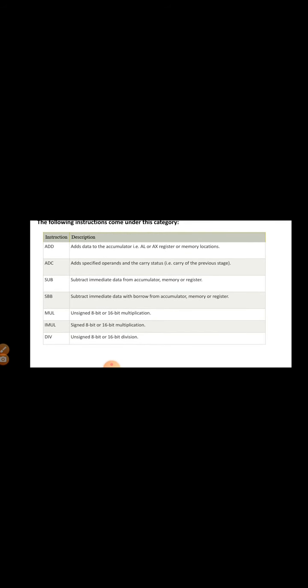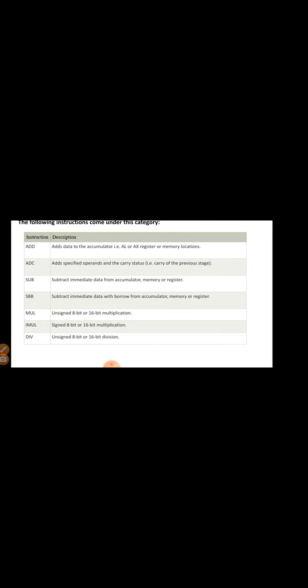MUL is unsigned multiplication. IMUL performs the signed 8-bit or 16-bit multiplication. DIV performs the division of unsigned 8-bit or 16-bit.